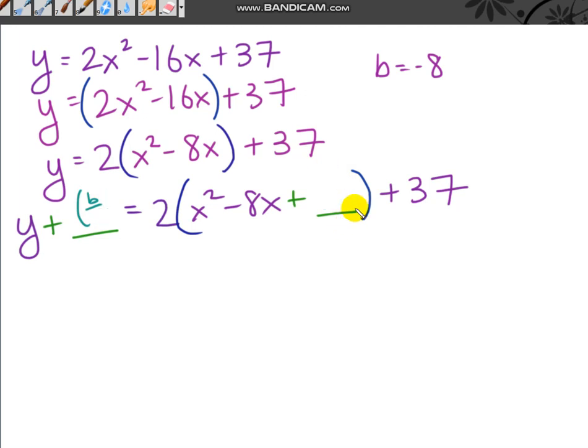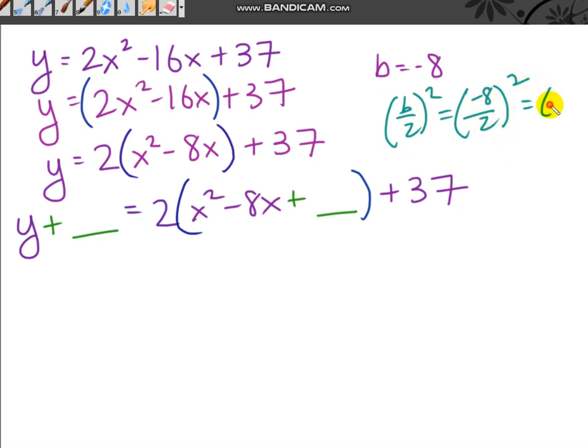Since b is negative 8, we have negative 8 divided by 2 squared. Negative 8 divided by 2 is negative 4, and negative 4 squared, negative 4 times negative 4, is a positive 16. So that means we have a 16 here.